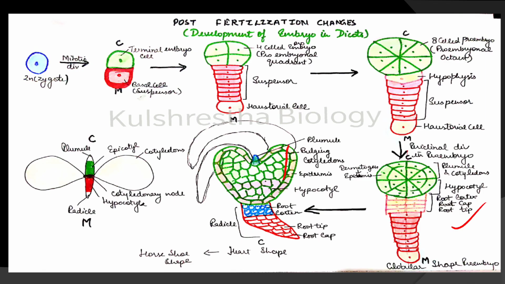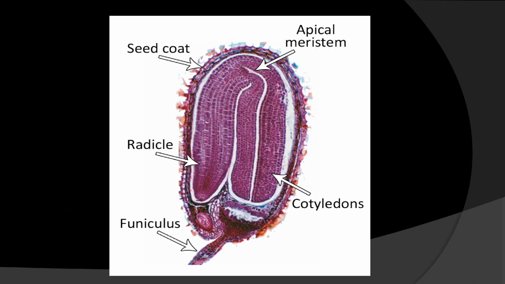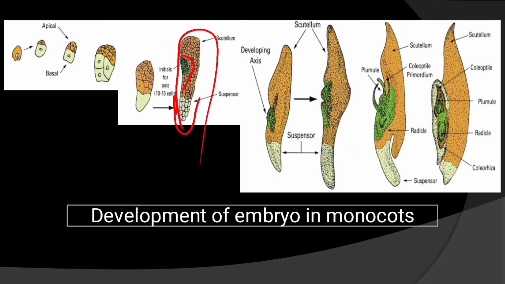By this diagram it is clear to you that the axis between the plumule and the radicle, this is what we call embryonal axis. So here the cells of embryo divide rapidly and they form the embryonal axis. So here this is the developing axis.